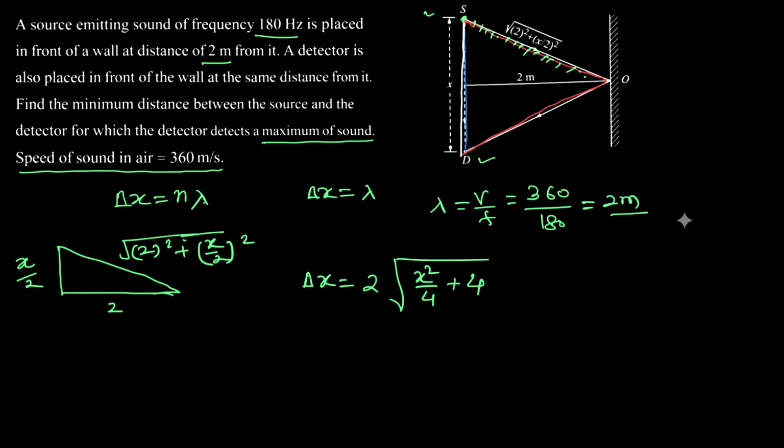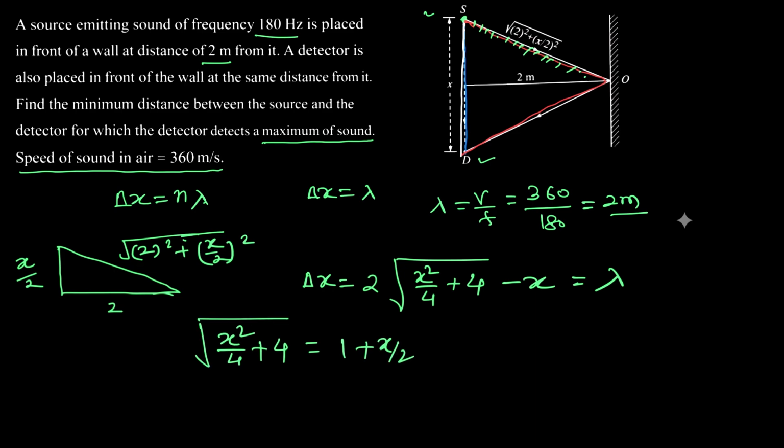Now if I subtract this X from this one, I will get the path difference, and that path difference should be equal to lambda. If I solve this complete thing, I'll get the square root of X square by 4 plus 4 is equal to 1 plus X by 2.